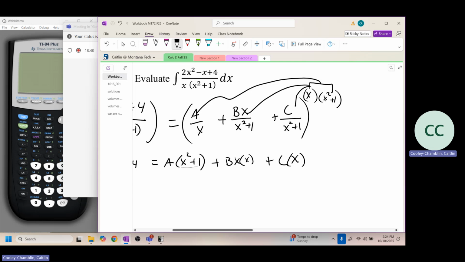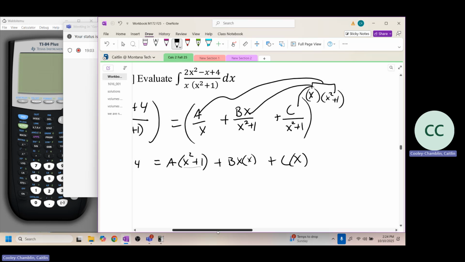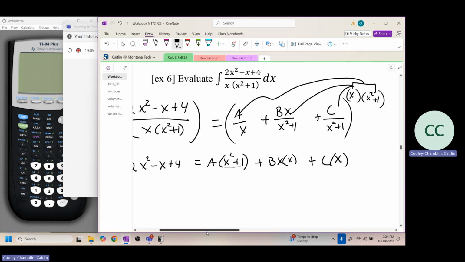Bx times (x squared plus 1), the x squared plus 1 on top and the x squared plus 1 on bottom cancel. C times (x squared plus 1) divided by (x squared plus 1), the x squared plus 1's cancel. In my first lesson, part 1 of partial fractions, I wrote this part out so that you can see it. So feel free to go back. I just don't want to completely run out of space for this.